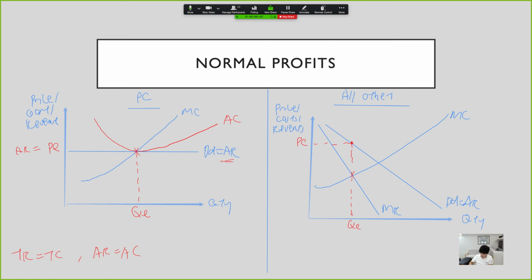Whatever you are drawing for your AC curve, you need to make sure that your AC curve cuts here. Remember your MC curve needs to cut AC at its minimum point, but another condition is that your AC curve needs to cut your price at this specific output level. This needs to be the price so that your AR is equal to your AC. As long as AR equals your AC, then you have normal profits. So this is your normal profit diagram.